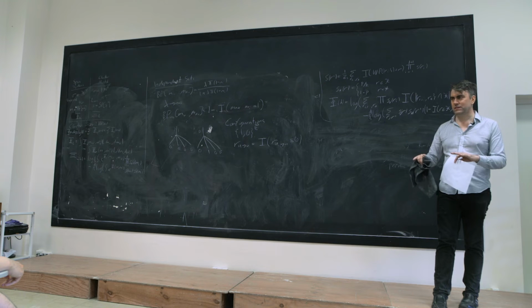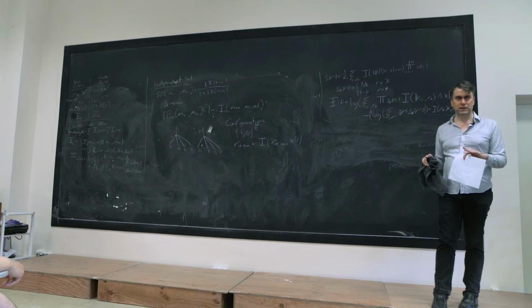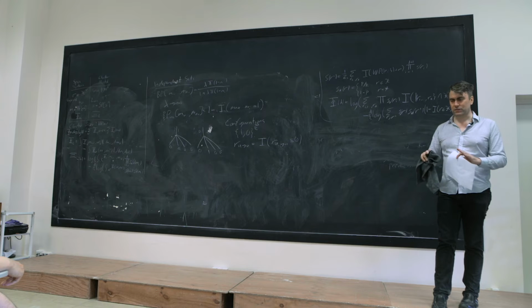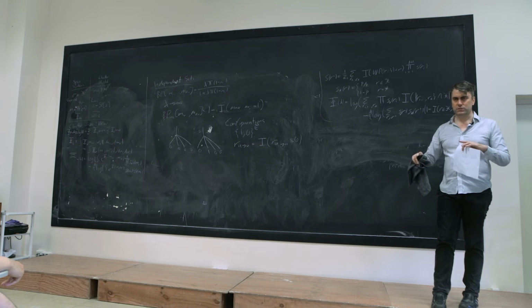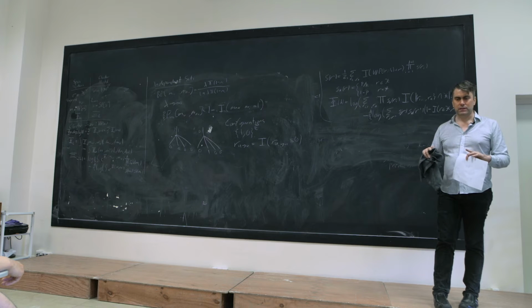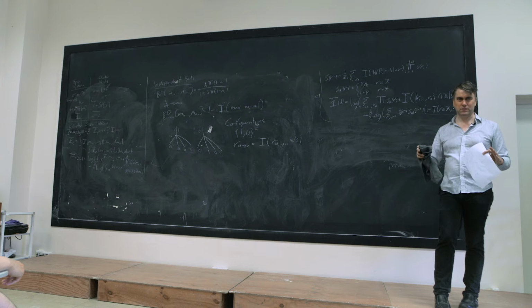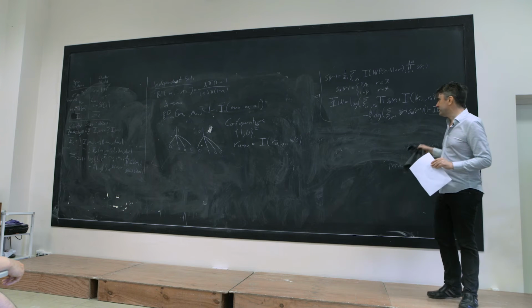I want to find the largest set of vertices such that no pair of them have an edge between them. So independent sets are a subset of the vertices where you don't have any neighbors between them. And among all the independent sets in the graph, I want to find the size of the biggest one. Okay.